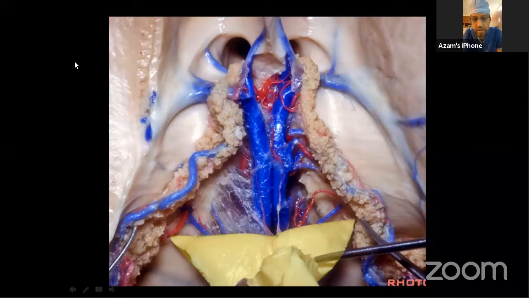Or you can go from posterior approaches, the most common being supracerebellar infratentorial or transtentorial. Less common would be to do something like a posterior interhemispheric. That would be unusual unless the pathology didn't initially start out in the pineal region and extended downward towards it. But in general, supracerebellar infratentorial or transtentorial, depending on the angulation of the tentorium.